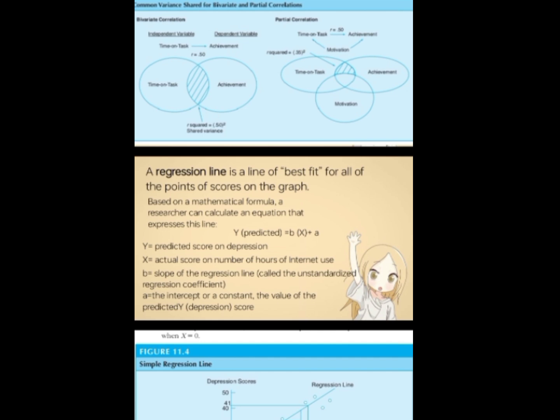Examine Figure 11.4, which is the same graph used in Figure 11.1. Figure 11.4 now contains additional information, more detail about the regression line. You can see how the line comes close to all of the points on the graph, and we draw it at a diagonal consistent with the positive correlation between internet use and depression scores.